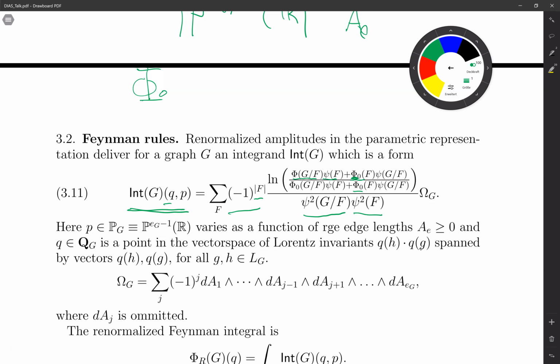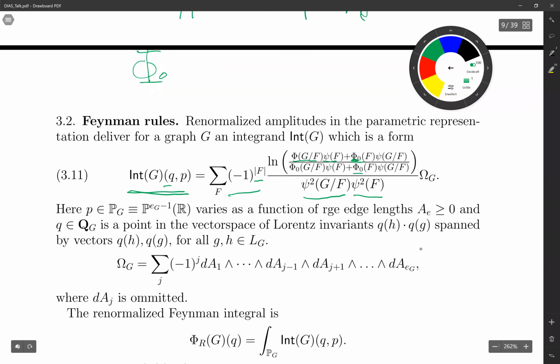It's just not 1 due to the deviation of this thing from being evaluated at the normalization point. There is where all the monodromy is coming from, because all the monodromy in Feynman graphs is inherited from the monodromy of the log. This here is a standard form in projective space, just the alternating sum of the edge variables. And that's therefore a number of edges in G minus 1 form, because the coefficient is just a function. Okay, now we have a wonderful form.